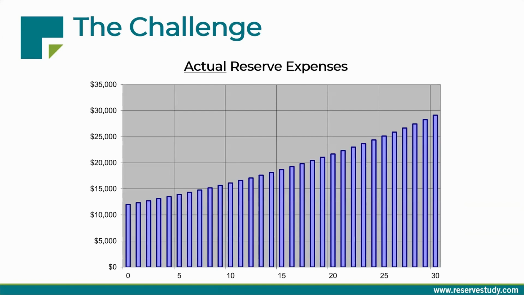So your actual reserve expenses are smooth over the years. Deterioration is consistent and common, okay? At just the very predictable cost of something that may have a 20-year life, but spread out over 20 years. It doesn't suddenly fail at the end. It's failing every day, every week, every month since it was installed new.